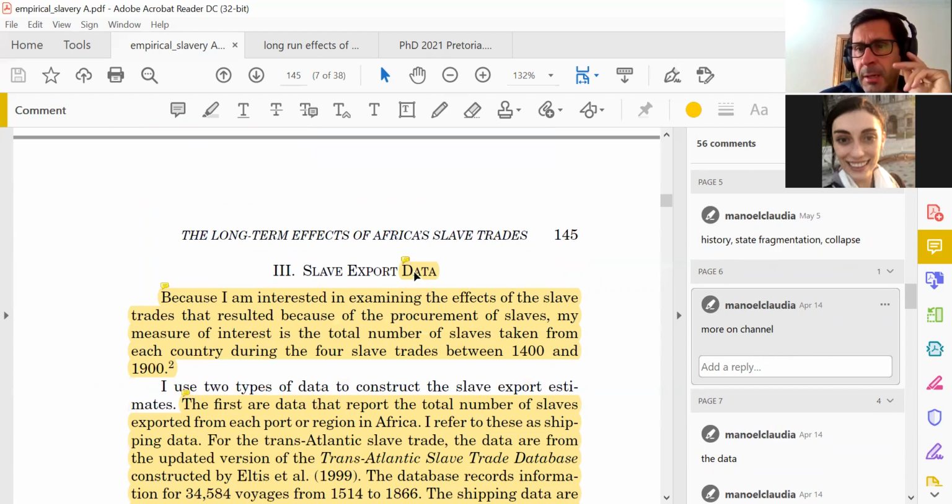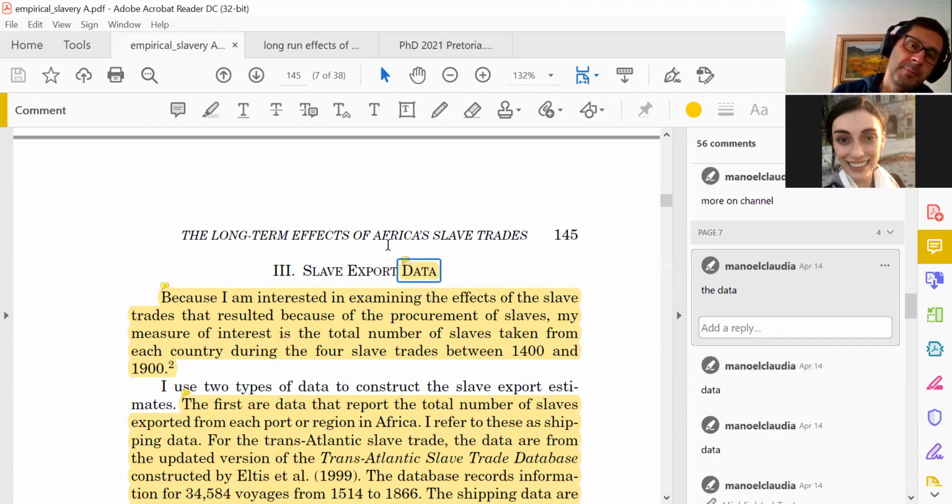And here is an important part of the paper, because here is where he explains the data, and the data is one of the innovations of this paper, not the method. He uses OLS and instrumental variables.